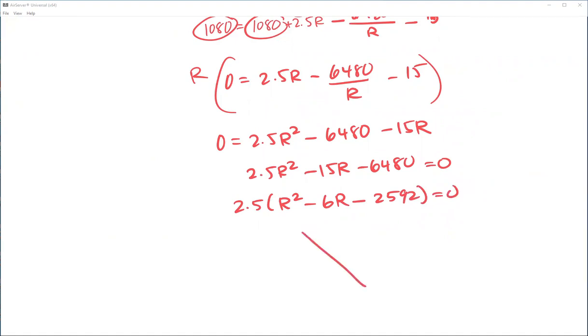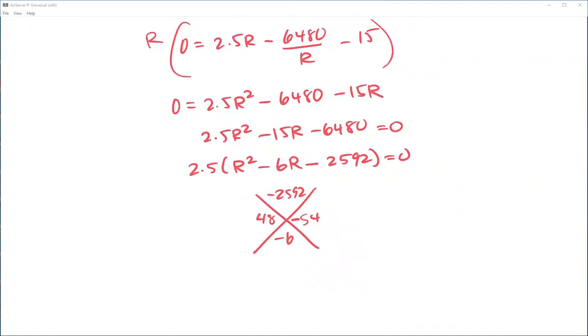Let's factor this. It's 48 and 54. 48 times 54 is 2592. The minus goes with the 54, and the 48 is positive, because you need to get negative 2592 and negative 6. So our two answers are R plus 48 and R minus 54, set equal to 0.